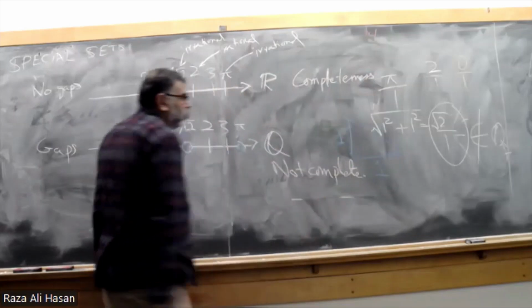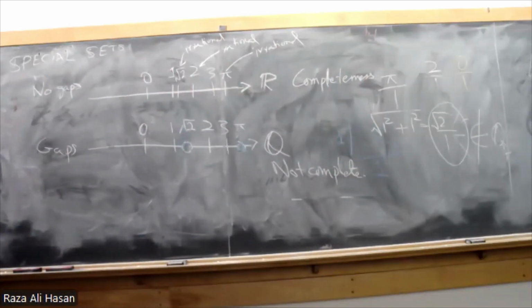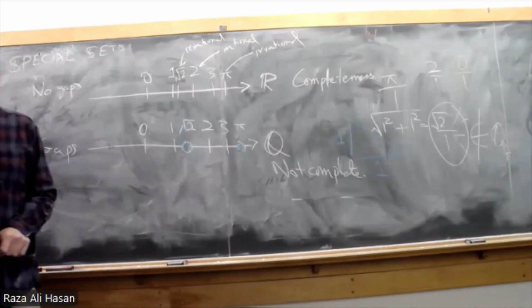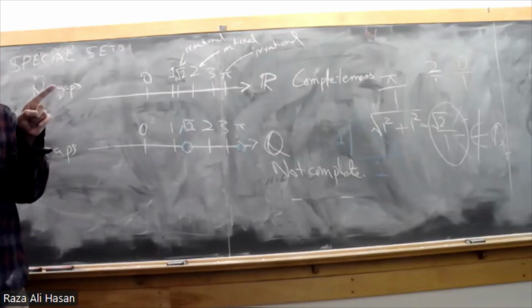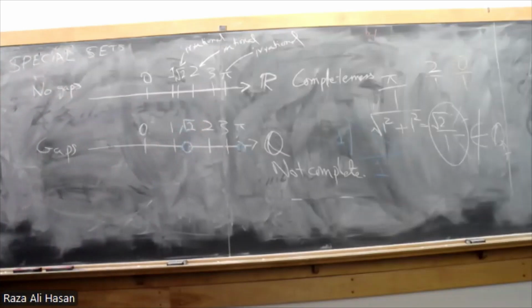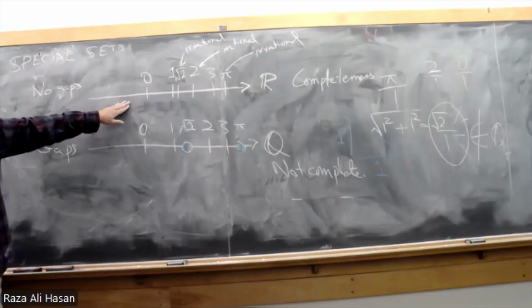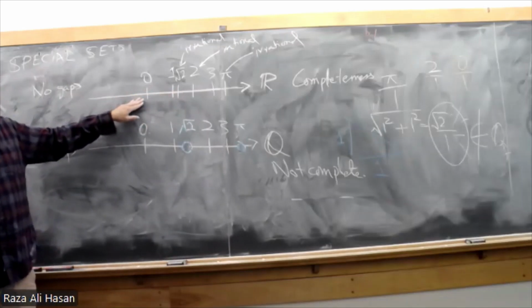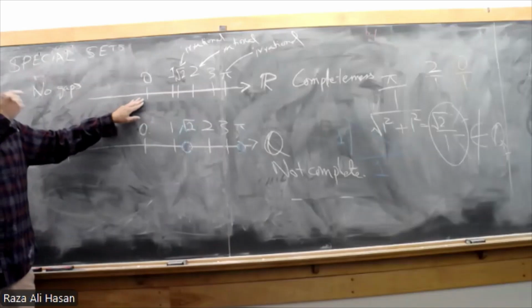Now, in the updated PowerPoint, I discuss all this quite well, because how do you show that a set is not complete? By seeing whether, if you have a subset on this number line, the least upper bound exists or not. If I took a subset of the real numbers, the least upper bound will always exist.